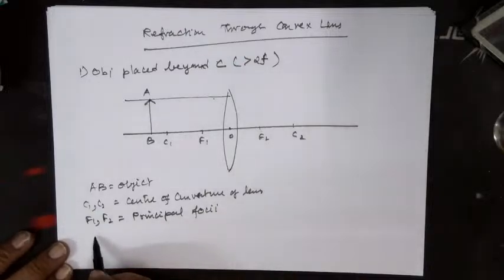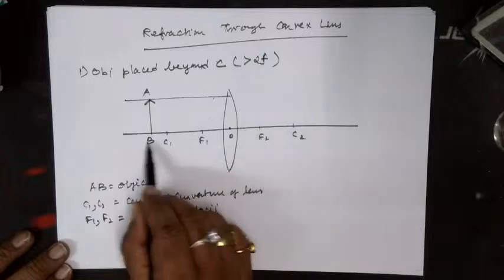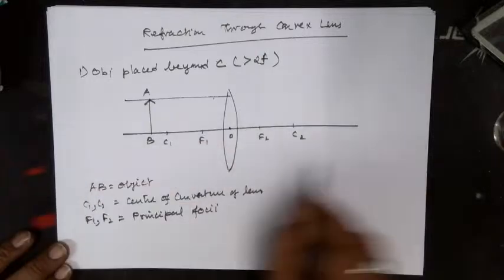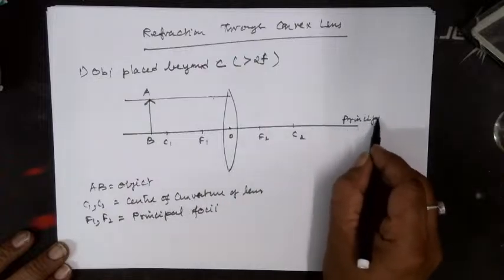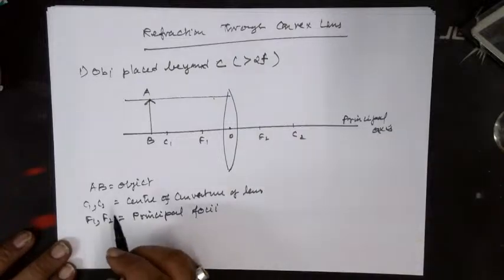Now we know that this is C1, C2, C1 to C2, the complete line is the principal axis.